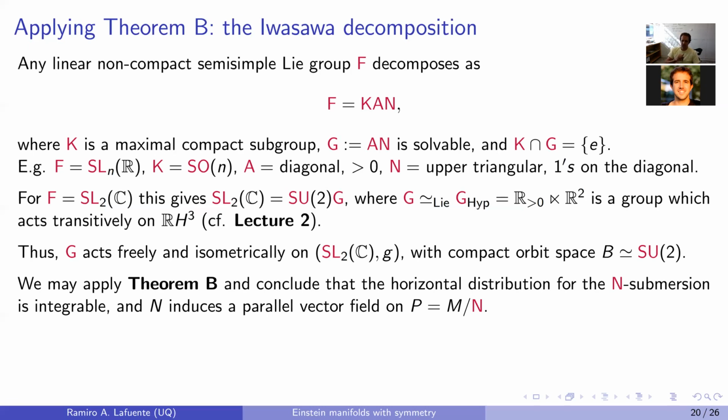And another condition which I did not mention, but which also holds and will be important, is that the mean curvature vector of the N orbits induces on P a parallel vector field, namely nabla H restricted to horizontal directions is identically 0. So this is given by Theorem B.